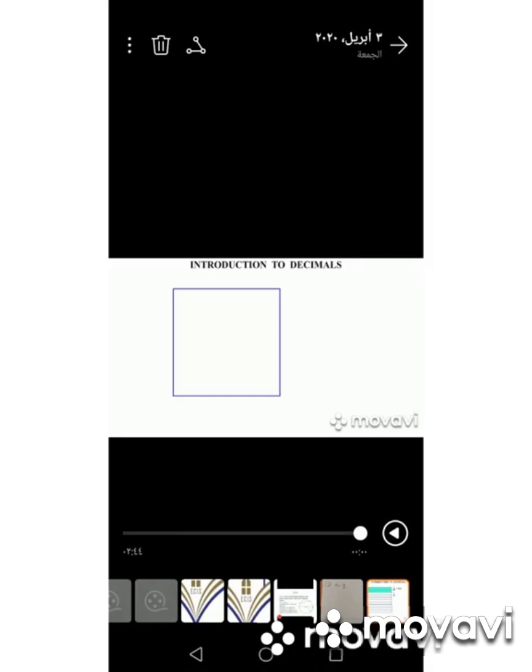Welcome. If we have one whole, like in this figure, and we divide this one whole into tenths, or 10 parts, like this figure. So now we have 10 parts.